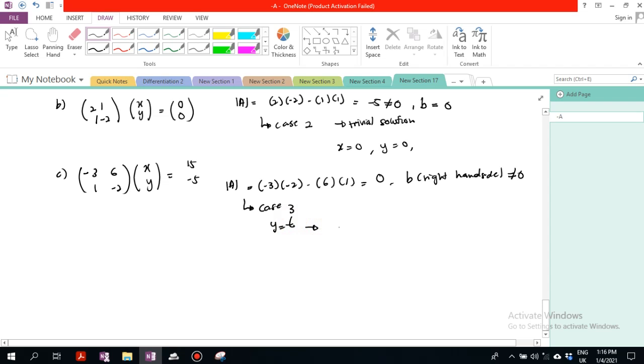The first equation is x minus 2y equal to negative 5. Now we change y to t, so you have x minus 2t equal to negative 5. So x is equal to 2t minus 5. So the solution is based on this answer.